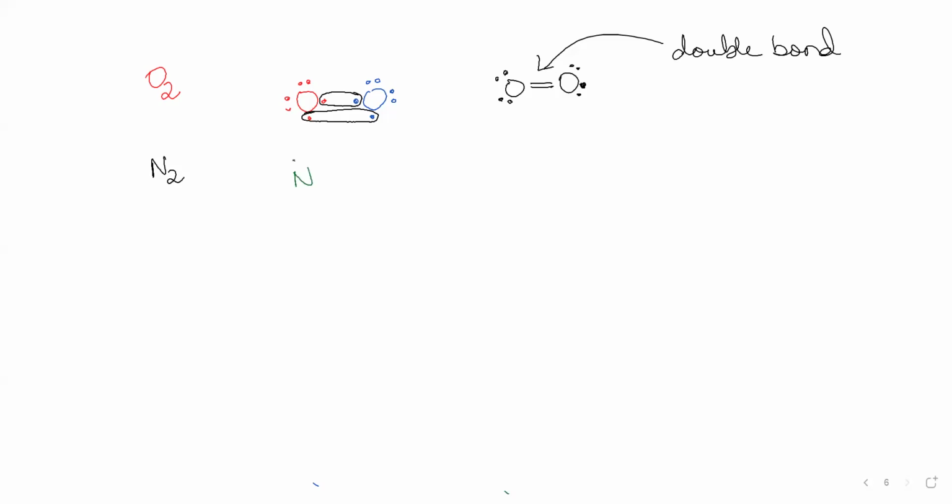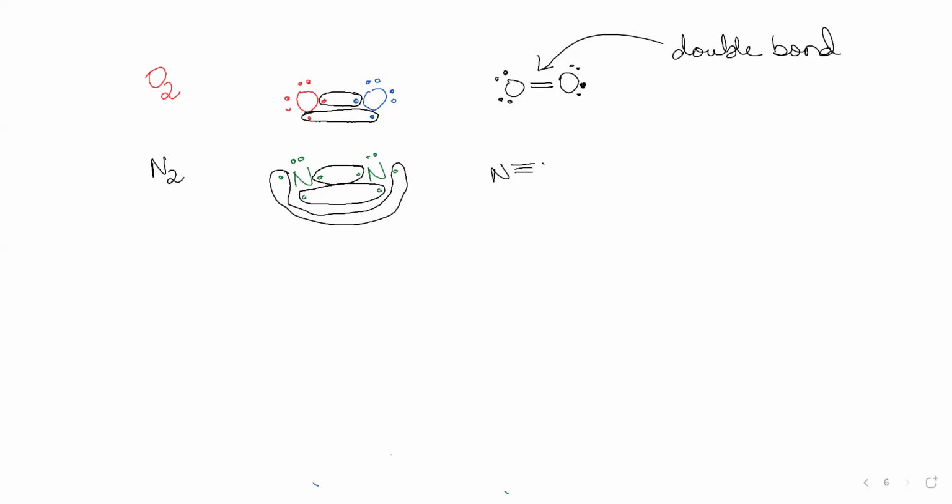Nitrogen has 5 valence electrons. So if we share our electrons to try to achieve the octet rule, you see I have to share 3 sets of electrons in order to get my octet.